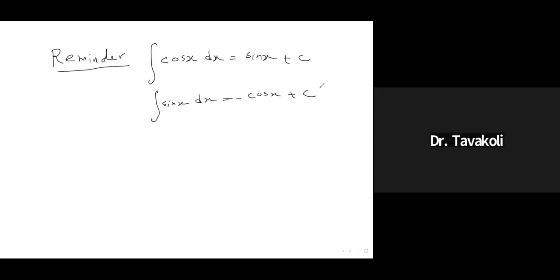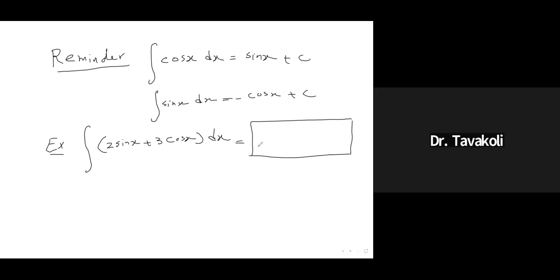Now, let's do this example that I want to find the integral of 2 times sine x plus 3 cosine x dx. Again, try this on your own before watching my solution.